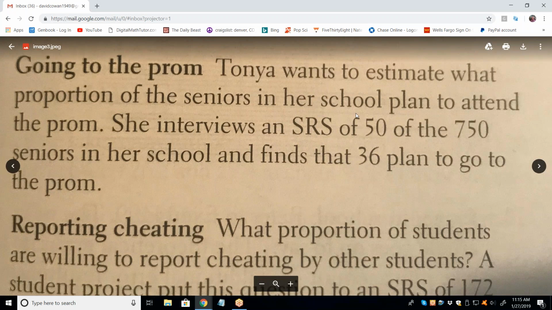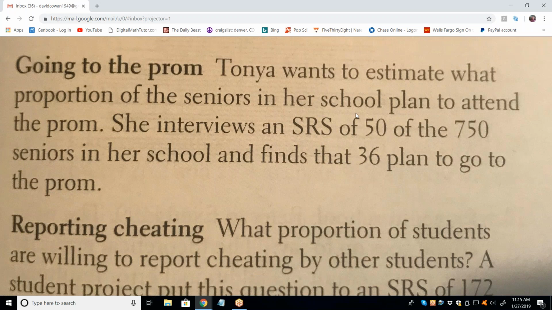Well, if she interviews 50 and she finds 36 plan to go, what rate is that? Just 36 divided by 50. 72%. Now, that is the best rate she can get by interviewing only 50 people.